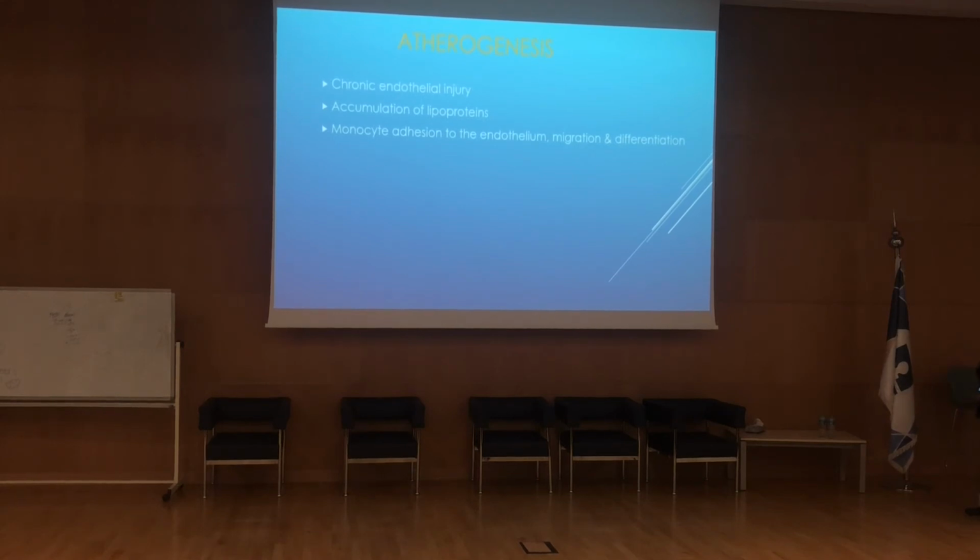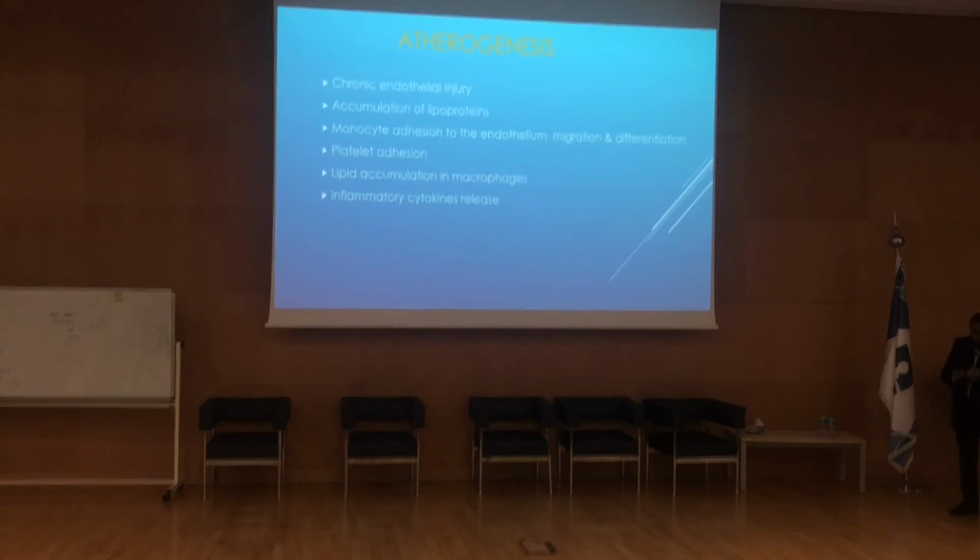Monocyte adhesion to the endothelium and migration, it will go down inside. Then we have platelet adhesion on the surface, lipid accumulation in the macrophages, and inflammatory cytokine release from the macrophages, as I said, interleukin-1, tumor necrosis factor, and other growth factors which will activate the smooth muscle cell to proliferate.